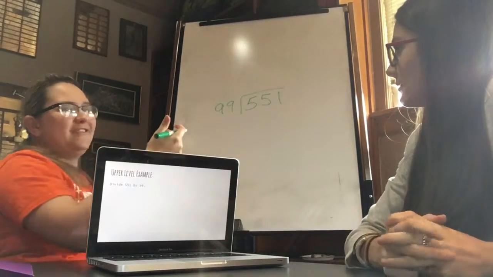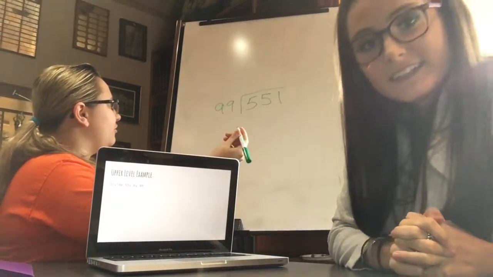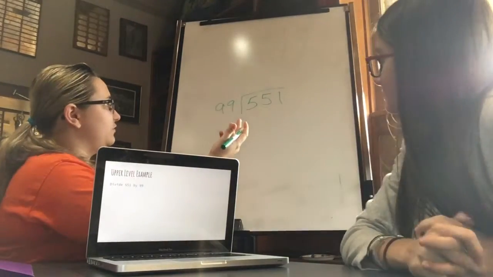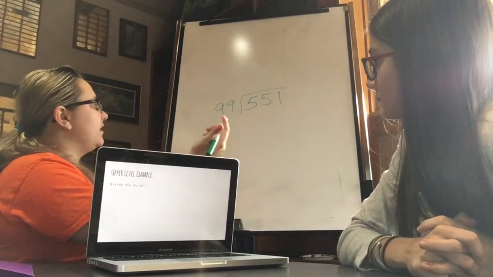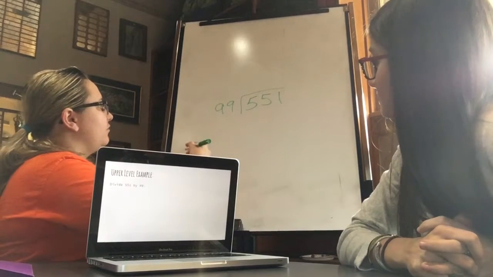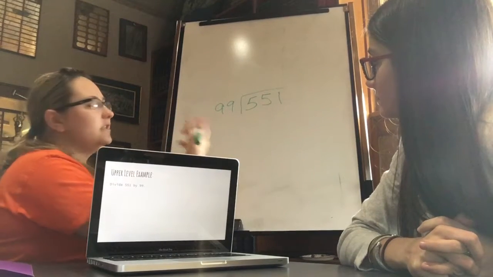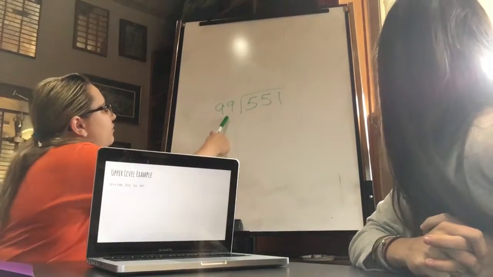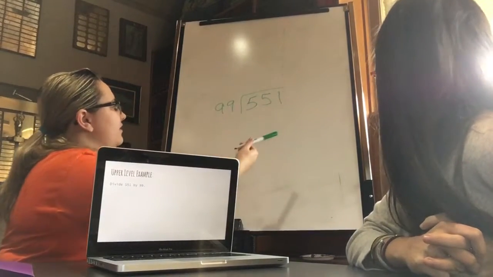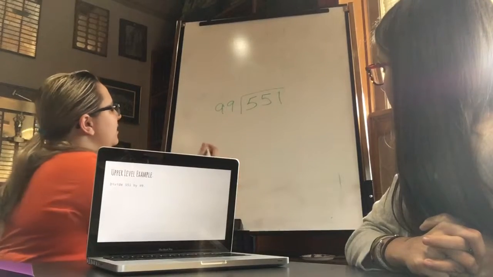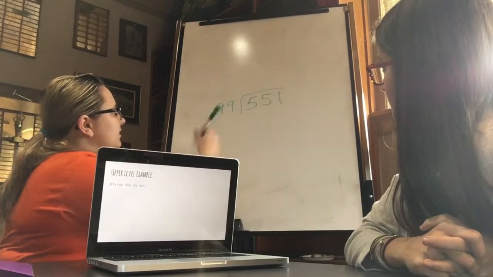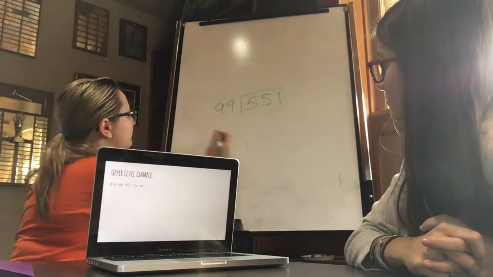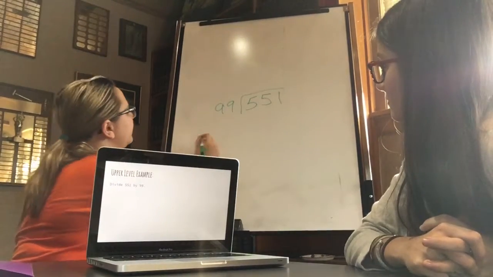And if a student doesn't know right off the top of their head what 551 divided by 99 is, they can always take it over and work it out slower and make it a little bit longer. So we don't know how many times 99 goes into 551. So we can take it over and kind of just work it out a little bit.